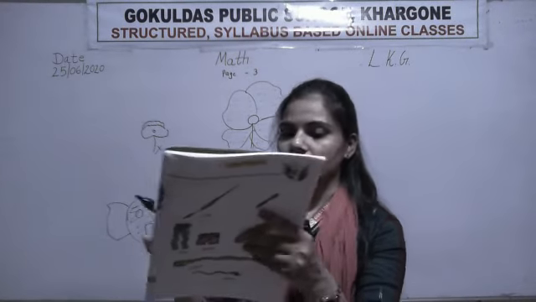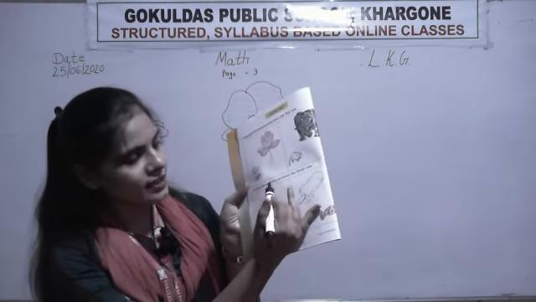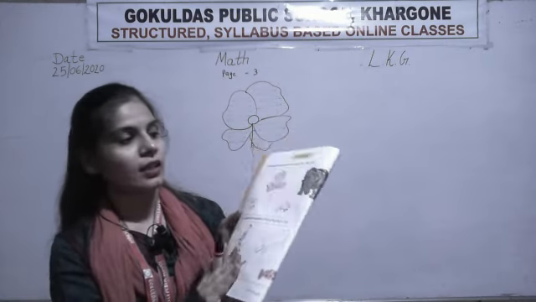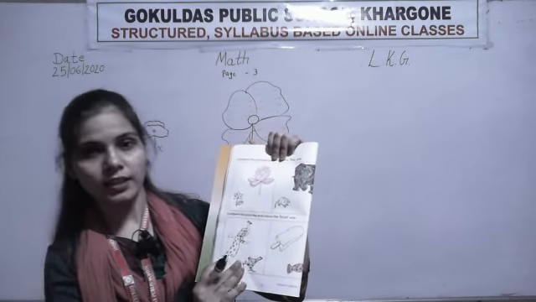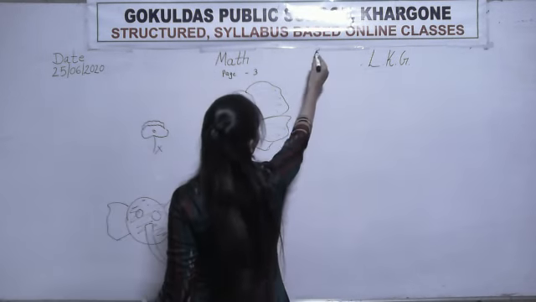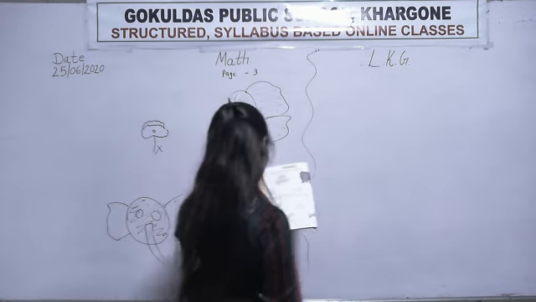Okay, and the next question is: compare the pictures and color the small one. The previous question was color the big one and this question is color the small one. So here we write the next question.